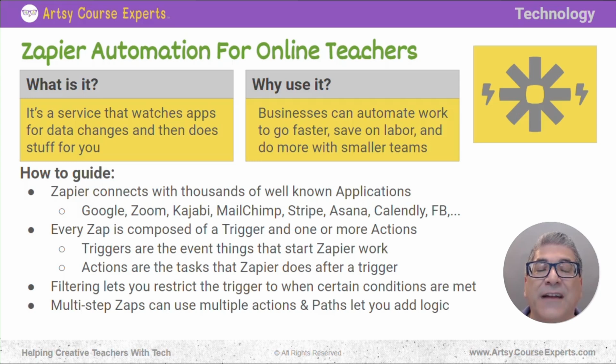In addition to that, you can add paths that let you add logic. You can do things like, if a certain condition, then do this action. Maybe if they bought your community, you're going to do one thing, but if they bought your online course, you're going to do something else.